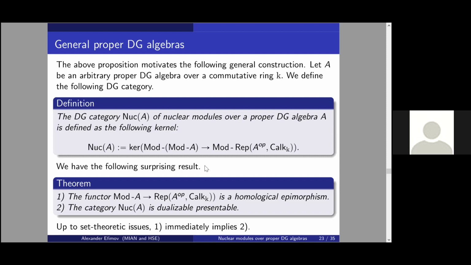This is actually an abstract definition, and I think that in some cases these categories can be expressed in much more comprehensible terms, for example as kernels of some localizations between something small. But I'm not ready to discuss this in detail.